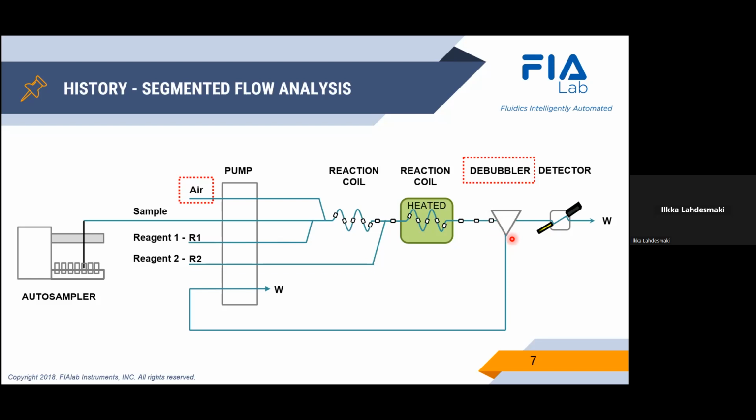Otherwise, you would get tremendous disturbance signals and you would never be able to get anything sensible out of the detector. So the instrument had to include a component called the bubbler that removed the air segments while allowing the liquid portion to proceed over to the detector. And that's here represented by this inverted triangle. Finally, at the end of the line, you have the detector cuvette where you make the color measurement. So that's how a segmented flow analyzer would look schematically.